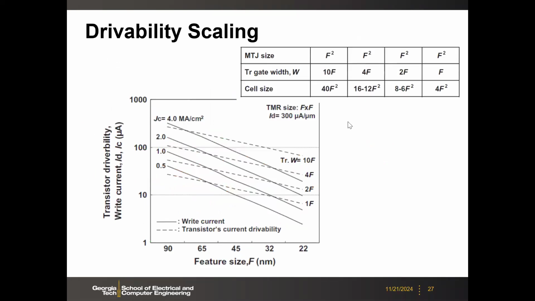So then the other challenge here is the switching current, but actually from this simple analysis, you see the scaling might help. For example, if the current density is 4 megaamp per centimeter square, then with the scaling of the technology node, let's say the dash line is the transistor, because it's only proportional to the width, right?